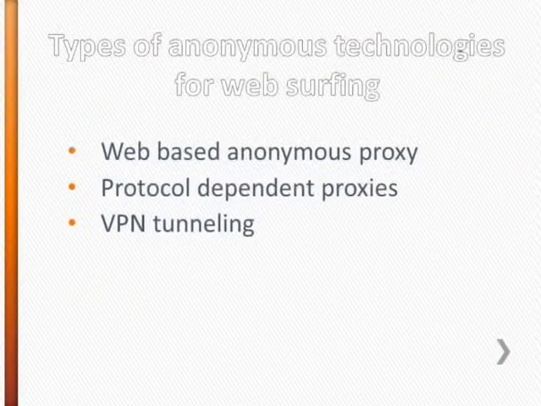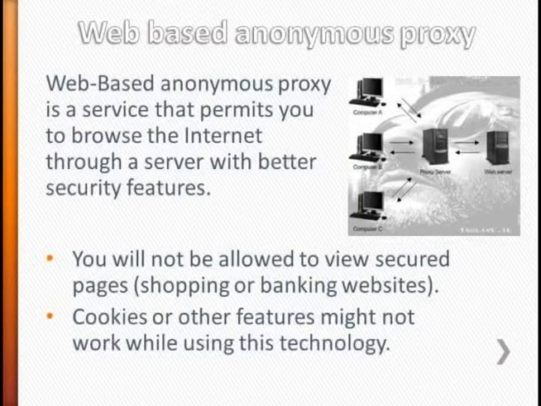There are three types of anonymous technologies for web surfing: web-based anonymous proxy, VPN tunneling, and protocol-dependent proxies. Web-based anonymous proxy is a service that permits you to browse the internet through a server with better security features. Its working procedure is relatively simple.